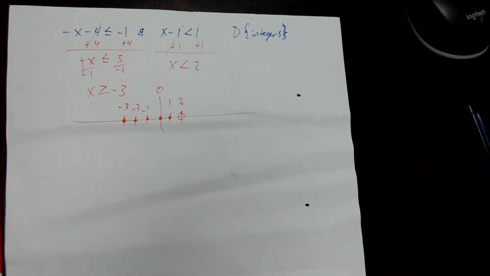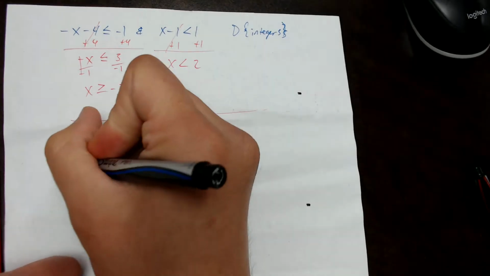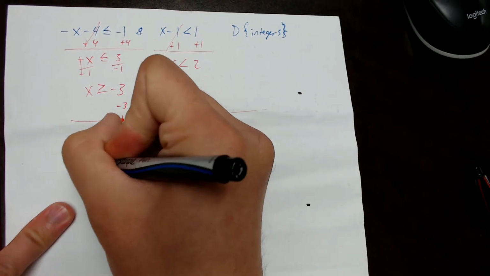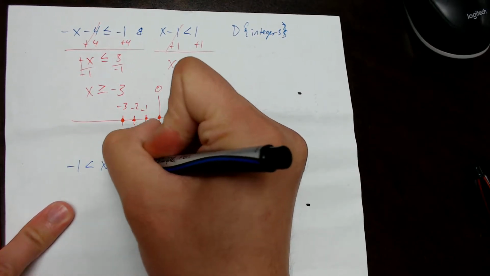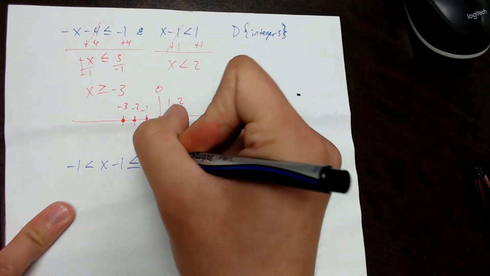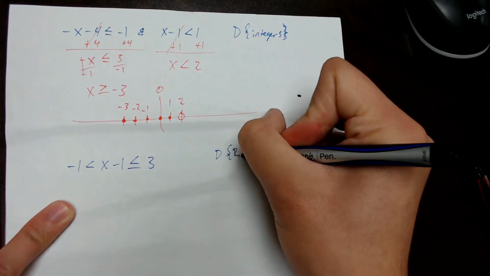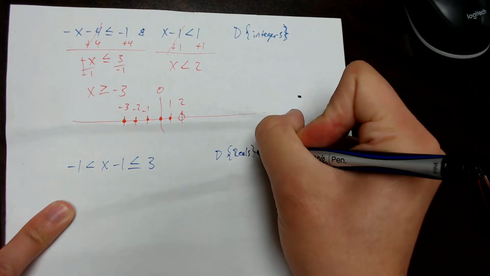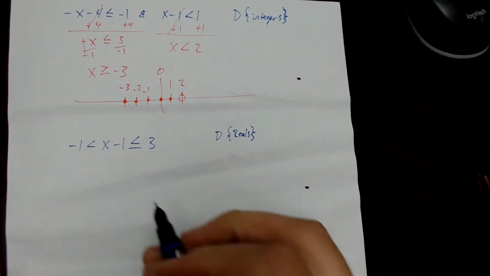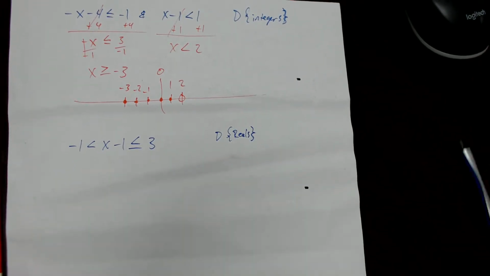The next example should be a disjunction, since the first one was a conjunction. We have negative 1 is less than x minus 1, which is less than and equal to 3, and this time our domain is reals. So first we have to solve this again.